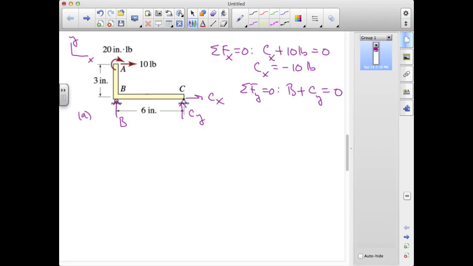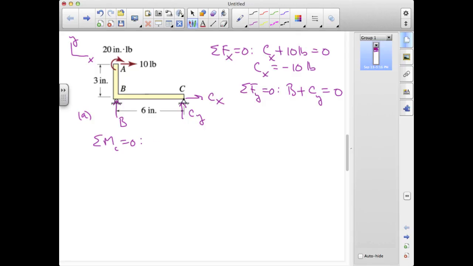And now we have to pick a point about which to take moments, and I'm going to choose to take moments about C. In that case, we'll have just the reaction component B that appears in the moment equation. So if we take the sum of the moments about C equals 0, we have first the contribution from the clockwise or negative 20 inch-pound force couple, because that has the same influence everywhere in the body.